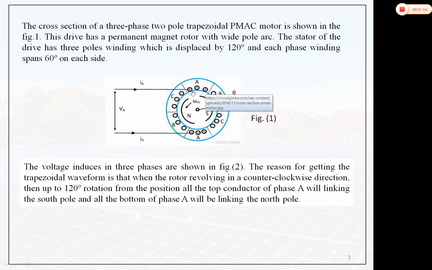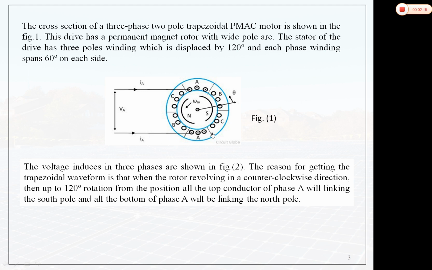This is into the paper, this is out of the paper. The current flow in one conductor is out of the paper, and in the other conductor it is into the paper. Basically, the direction of current should be marked here in the reverse direction. It is mentioned wrongly here, so you should mark it in this direction.